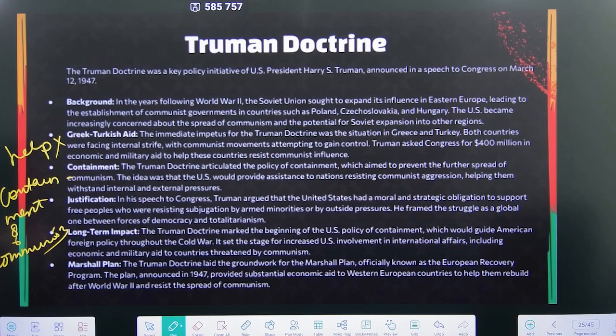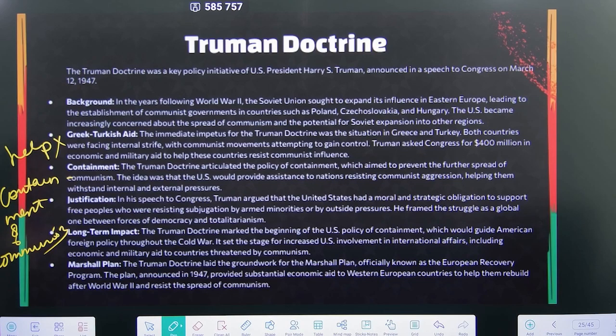And you will also see that this very Truman Doctrine lays the foundation of in-depth interference of the US in international affairs. Till date, the US is interfering in every affair of the world, and the Truman Doctrine is what laid the basis for it. It also laid the groundwork for the Marshall Plan, or European Recovery Program, announced in 1947.